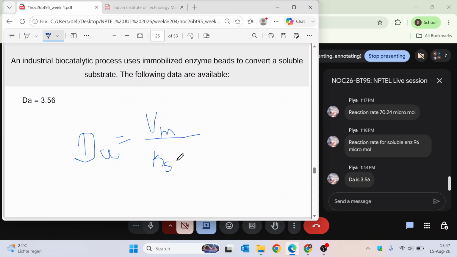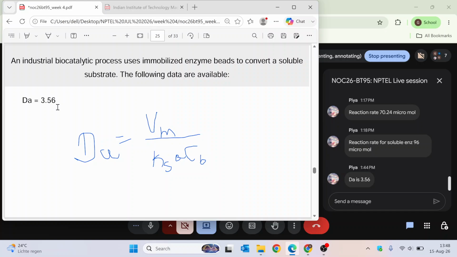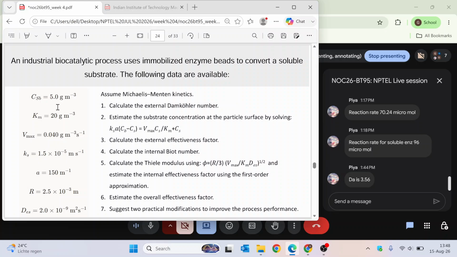I hope you noted down all the values. Here Vmax is 0.04 gram per meter cube per second, Ks is 1.5 into 10 to the power minus 5 meter per second, A is 150 per meter, and Cb is 5 gram per meter cube.